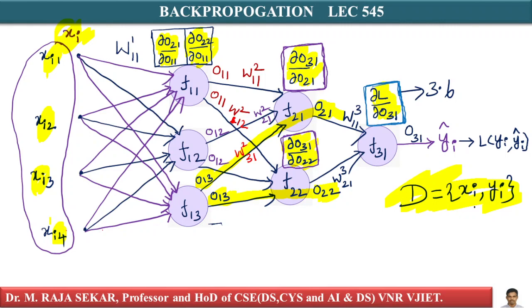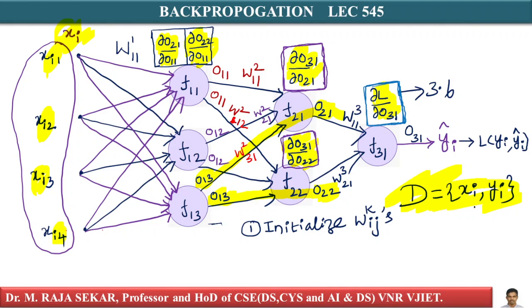Now what you have to do is initialize the weights w^k_ij.